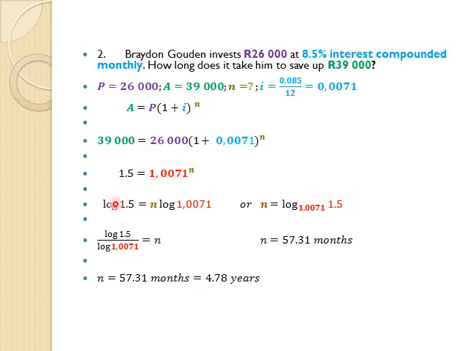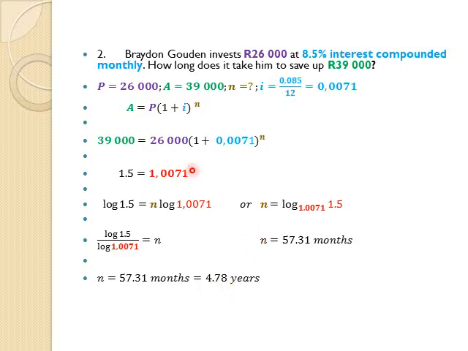So again, log 1.5. I can't make the bases the same, so I have to use log to solve it. Log 1.5 equal, n goes to the front, and log 1.0071. Log 1.5 divided by log 1.0071, and n gives me 57.31 months. Divided by 12 gives me 4.78 years.